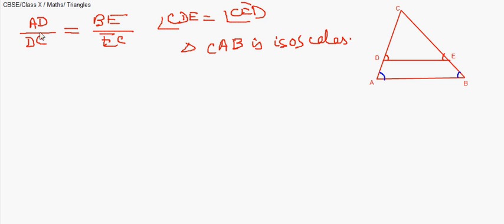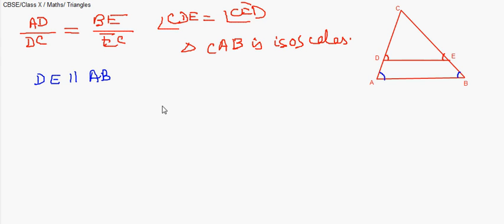Now, because AD by DC equals BE by EC given, by converse of proportionality theorem, we can say that DE is parallel to AB.